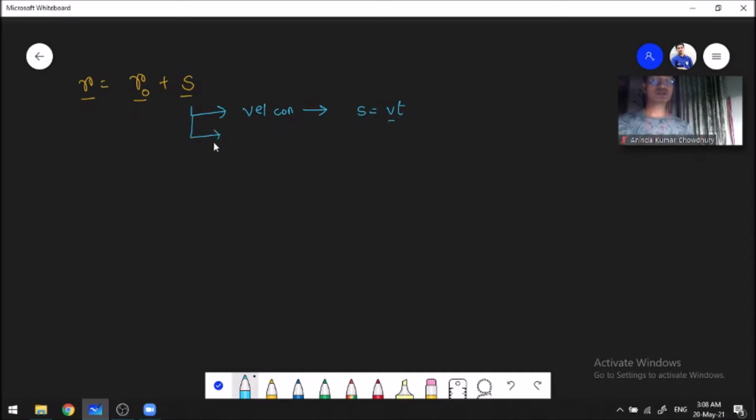If your velocity is not constant, in other words, if you have a constant acceleration, then your displacement will have to be found by using the suvat formulae. For example, s is equal to ut plus half at square, v square is equal to u square plus 2as, or s is equal to (u plus v) divided by 2 times t. So using any of these three formulae, you have to find the displacement and then input this displacement over here. So depending upon a constant velocity or a constant acceleration, you have to use this formula respectively.